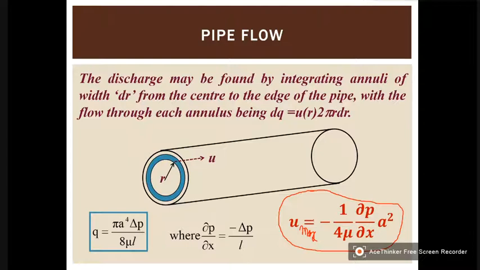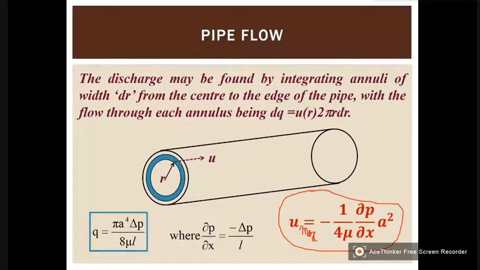U represents velocity in the X direction. Velocity in the positive X direction.